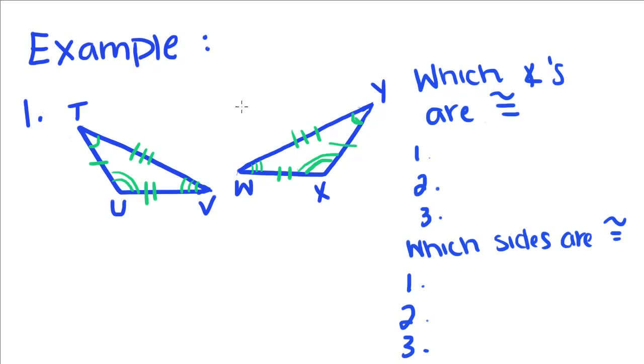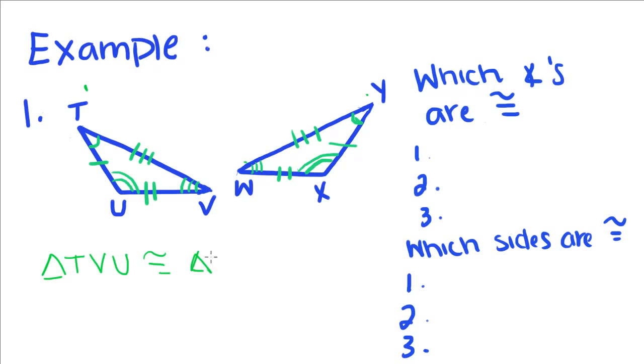So if we were to name this triangle according to how it's congruent, if we start with T, we know that triangle T, we're going to go T, V, U is congruent. Now we have to name them the same way. So we went from one arc mark to 3. So we have to go from 1 to 3.